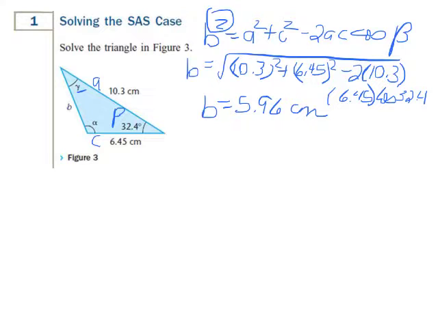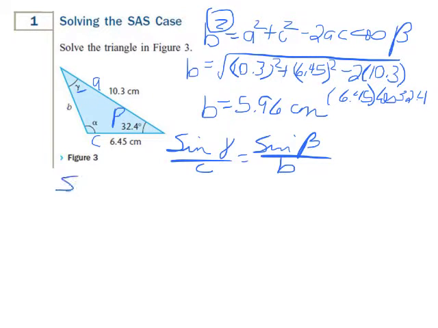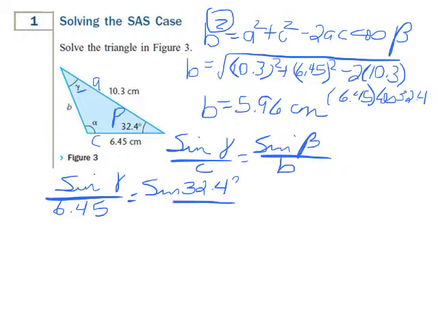Once we know what B is equal to, now we can use our law of sines. So why not use the sine of gamma over C, which is equal to the sine of beta all over B. So we will have the sine of gamma over C, which is 6.45, is equal to the sine of 32.4 degrees all over B. And we found out that B was 5.96.